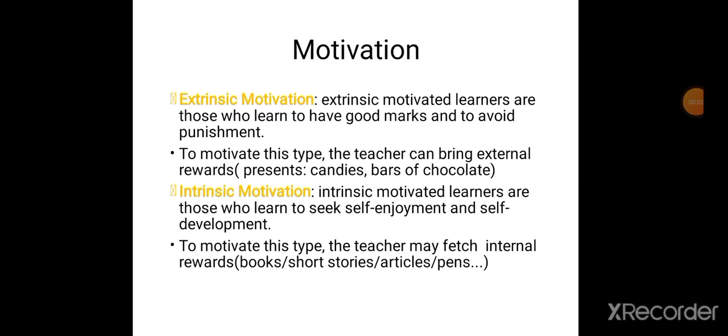These learners are concerned with developing their learning, unlike the first type, who are not interested in developing their learning and their knowledge.